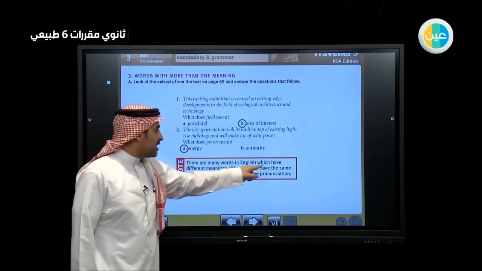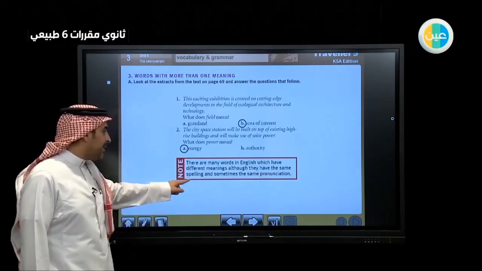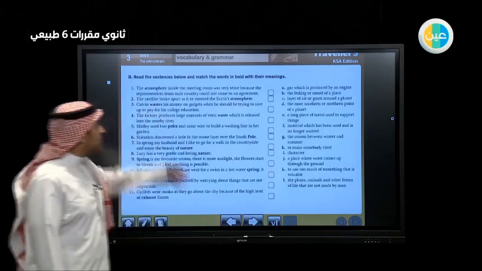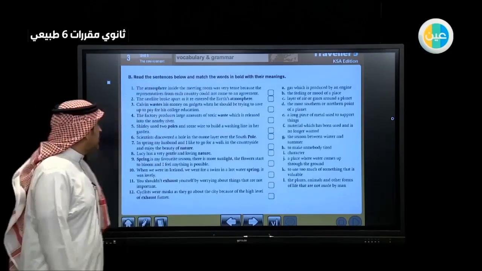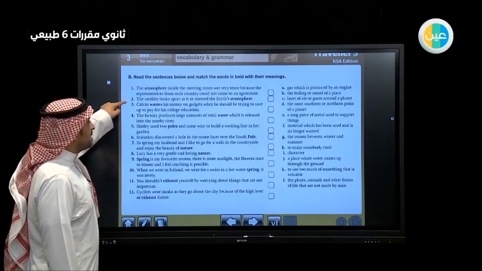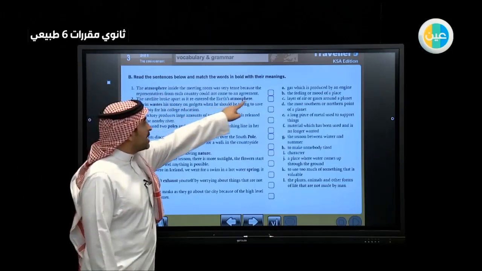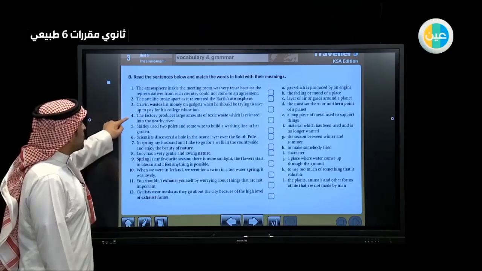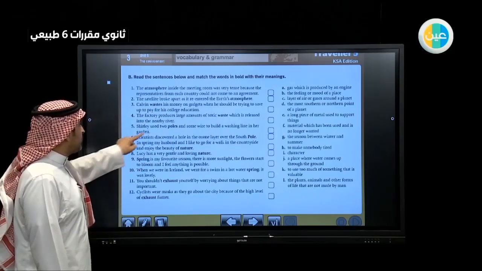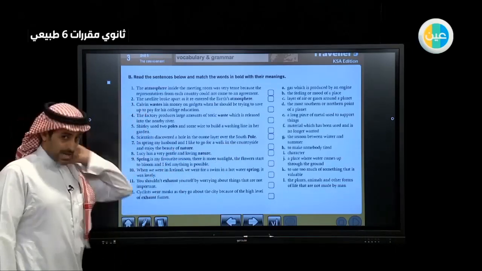There are many words in English which have different meanings, although they have the same spelling and sometimes the same pronunciation. Let's go to this exercise, it will be very helpful. The first and second sentences talk about the same word, atmosphere. Three and four have waste, five and six have pool, seven, etcetera, to the end.